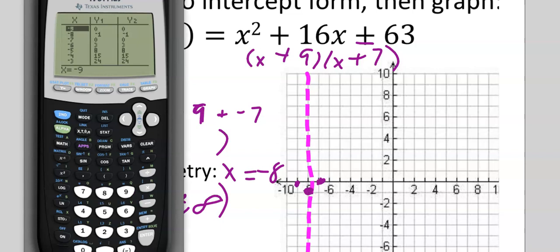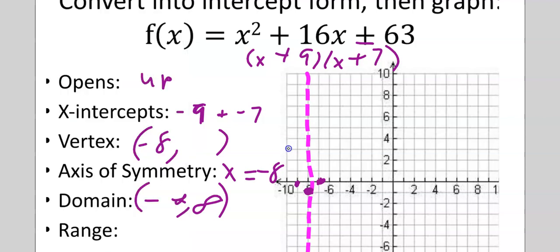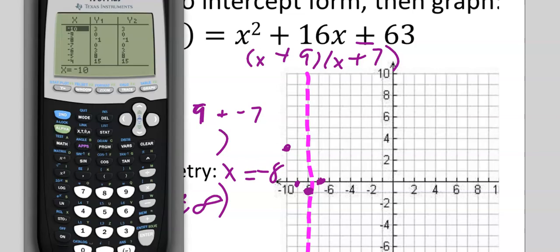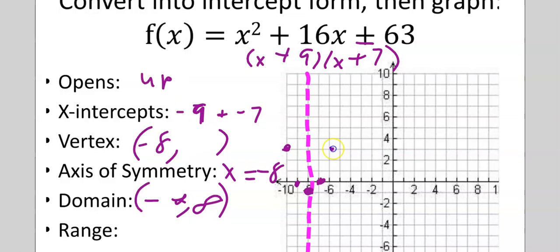And then -10 is going to be up at 3. And then it was going to be -6, 3. I didn't mean to say wide, narrow before. I meant to say it's kind of shallow. It just dips right below the line there. So there's your standard size parabola.